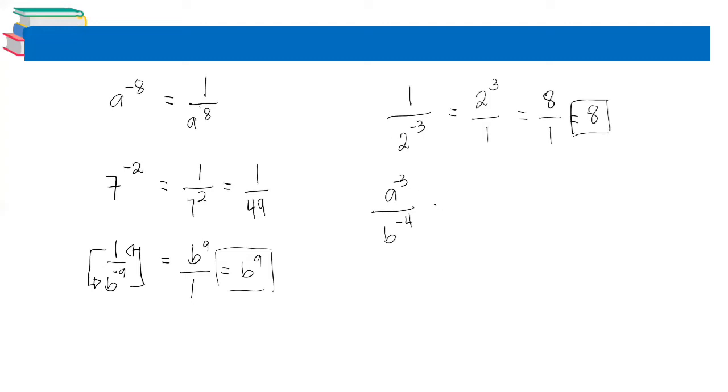When we reciprocal, it just changes position. Then it is b to the 4th power, now positive, and a to the 3rd power, now positive. Therefore, our answer here is this one. So, this is how we solve the negative integral exponent.